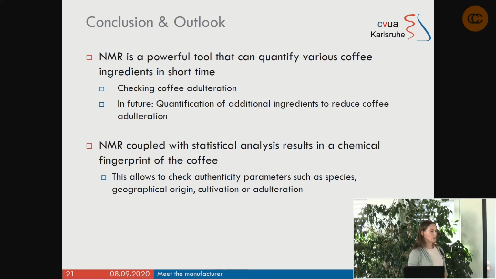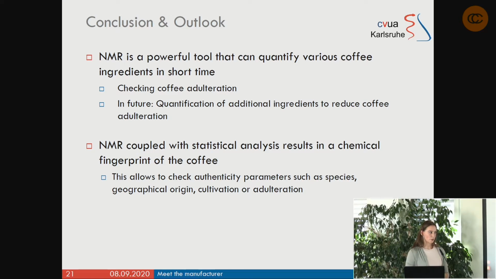In conclusion, it can be noted that NMR is a powerful tool that can quantify various coffee ingredients in a short time to check the adulteration of coffee and the quality. The aim in future is to quantify additional ingredients to check the quality and to detect the addition of non-coffee products.